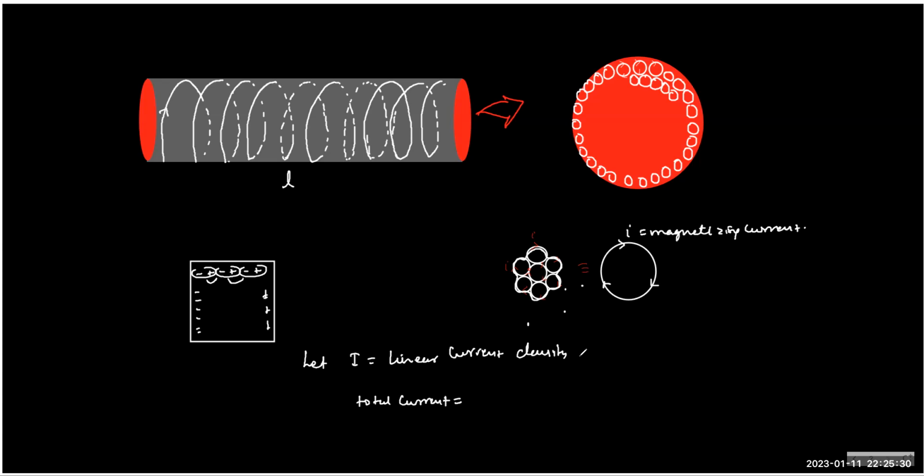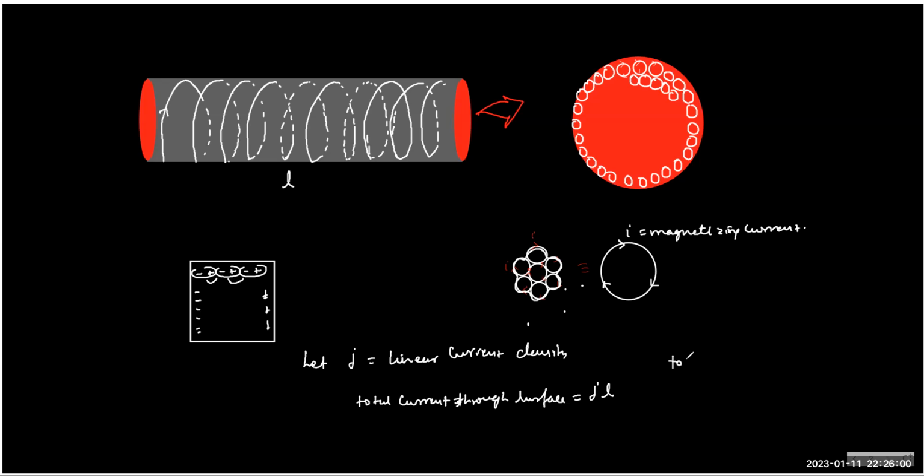I mean, if I is not convenient to you, the way we have assumed in the past also. So what is the total current through the surface? If J is the current per unit length, then JL is the total current.